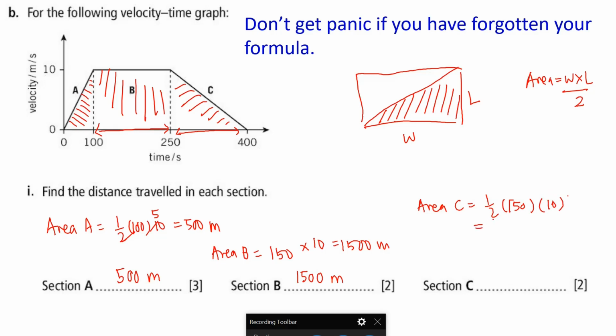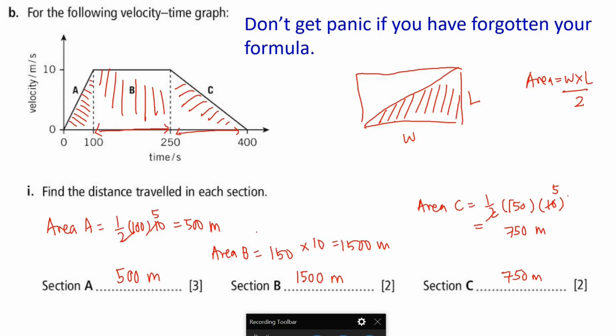So again you have the answer in meter. The distance traveled is given by the area under the curve.